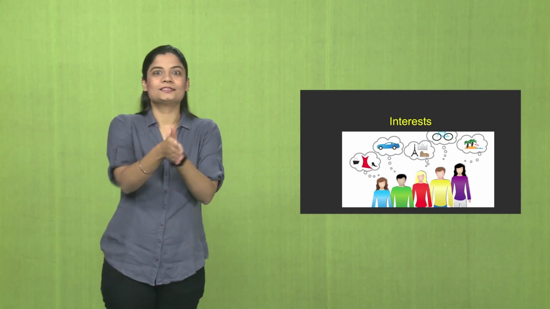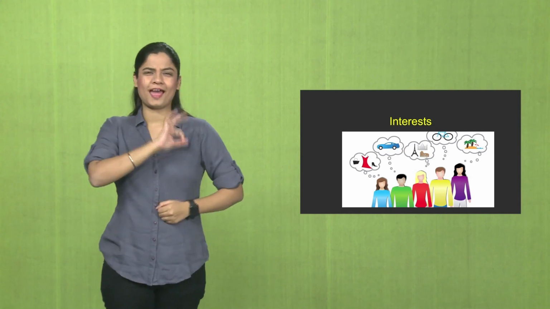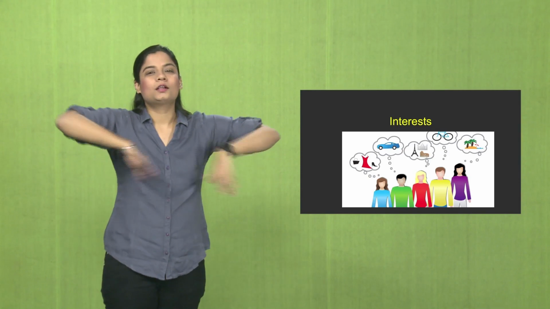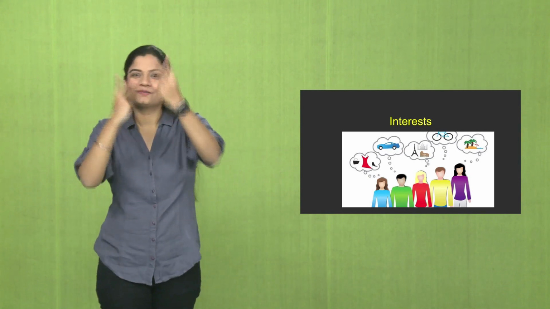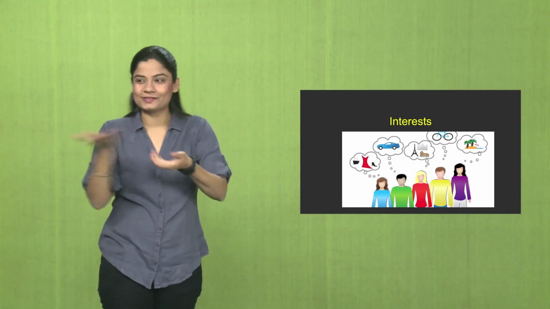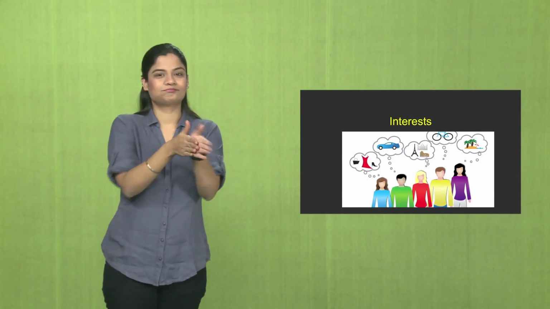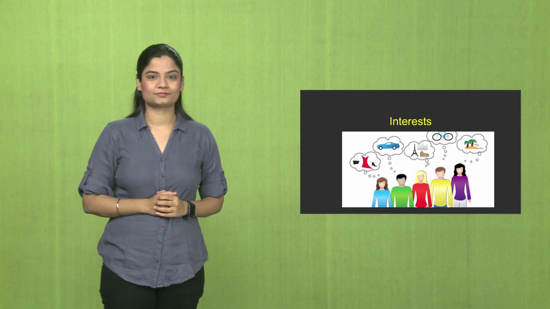Interests, the feeling of wanting to learn or know new things. For example, traveling, swimming, visiting different places, buying, shopping, etc. So, different people have different interests, wanting to know or learn.